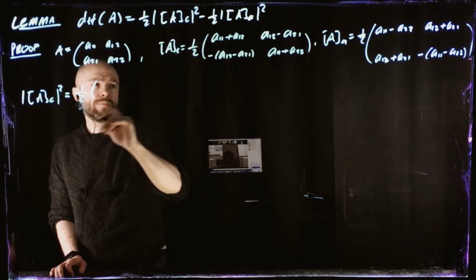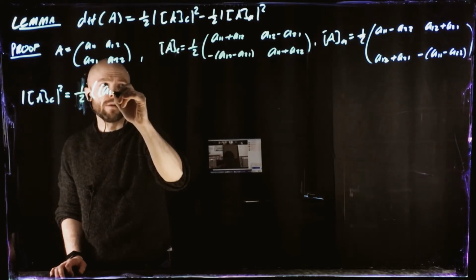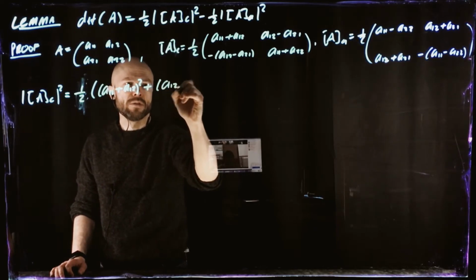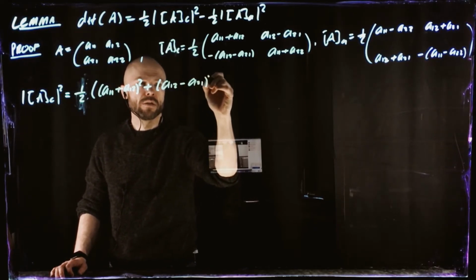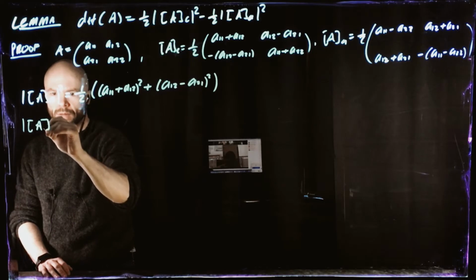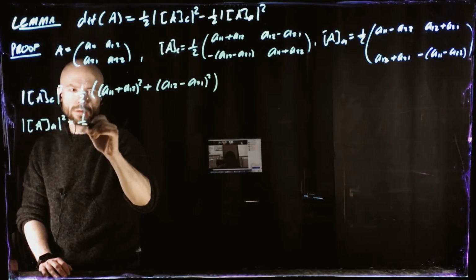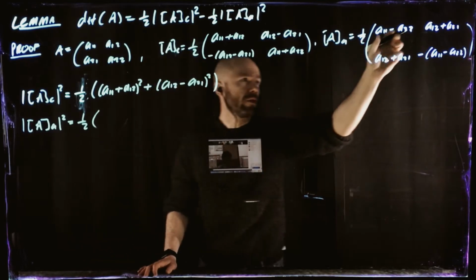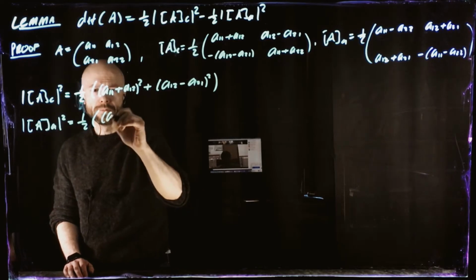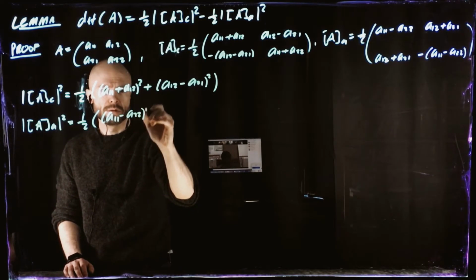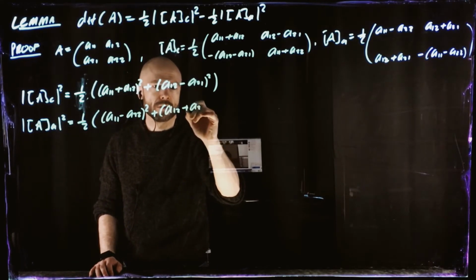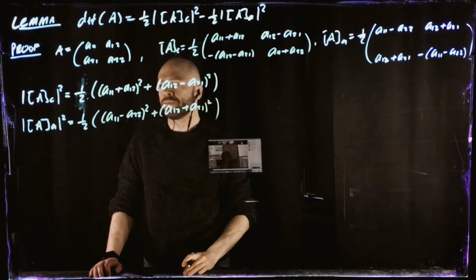So 1 over 2 of A11 plus A22 squared plus A12 minus A21 squared. And in the same way for the anticonformal part, it's this thing squared plus this thing squared plus this thing squared plus this thing squared, but that reduces down to A11 minus A22 squared plus A12 plus A21 squared.